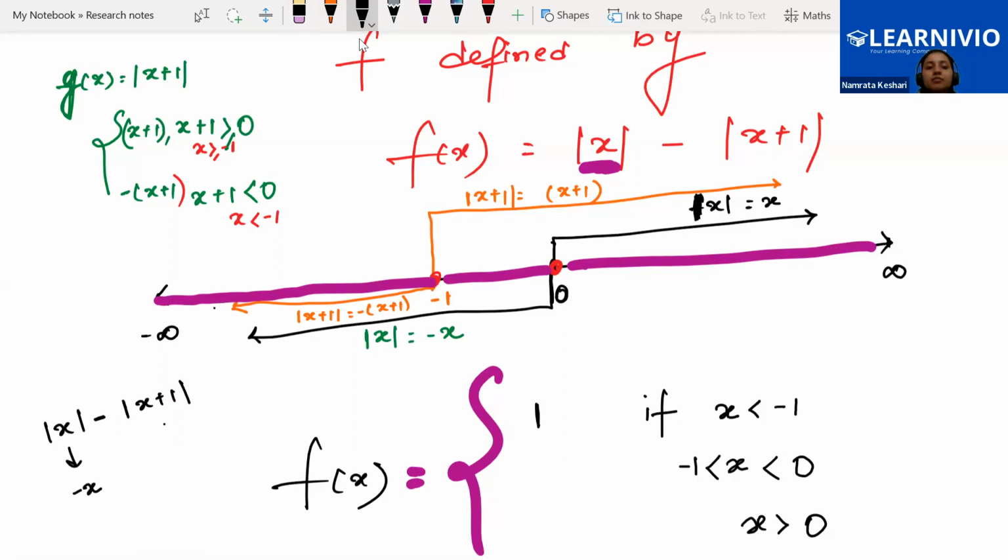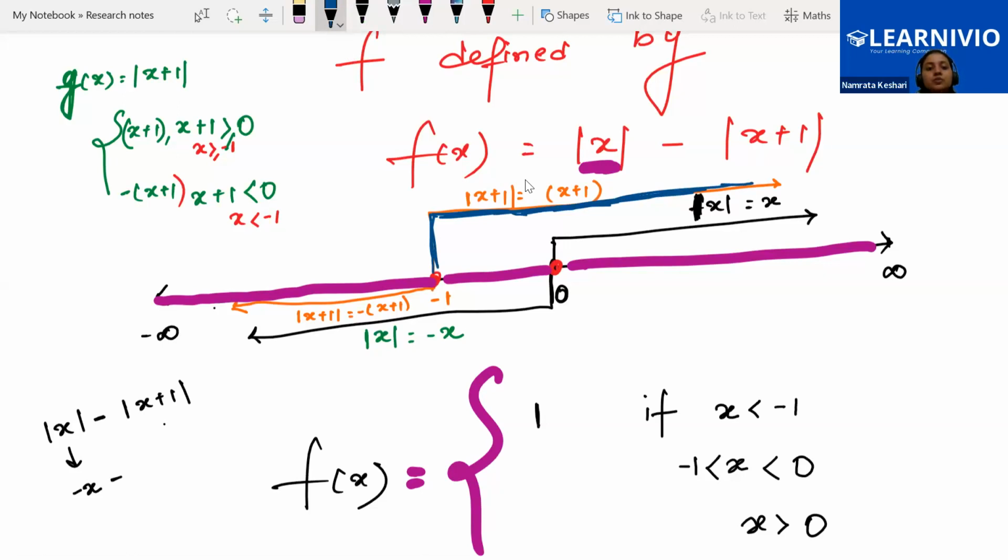Will it give negative or just as it is? Can you see this blue colored arrow?